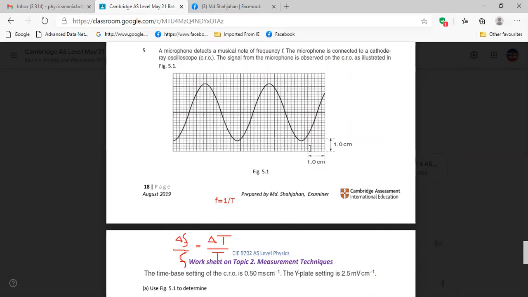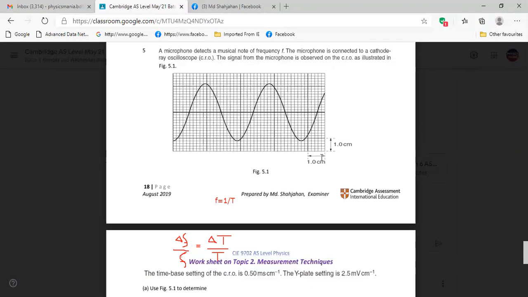Similarly, here we have 5 small squares, so the smallest square is 0.2, right? Yes, sir. If we take the average, we have 0.1 centimeter. So our uncertainty in reading of this smallest square is 0.1 centimeter.